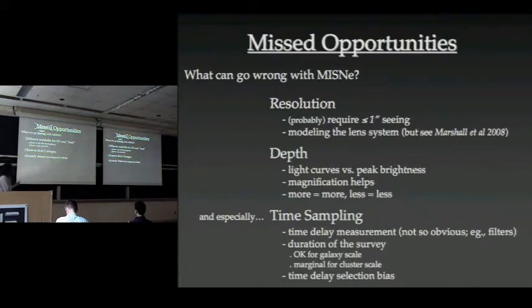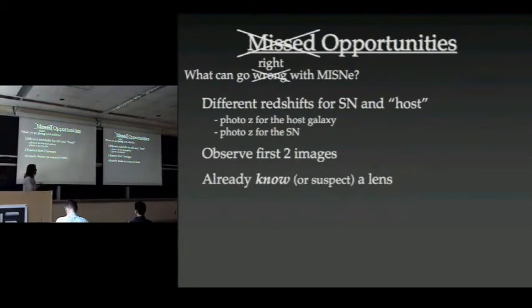So this is in sort of increasing order of difficulty to do, I think. So this is going to require photo-zs for both things, so we're not going to have spectra with these surveys. But the problem here is that in order to get a photometric redshift for a supernova, you really need to have information about the width of the light curve. And in most cases, it will be impossible, especially if your cadence is only a few days.